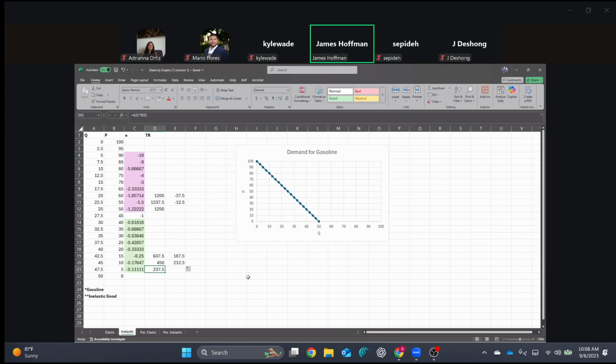But in theory, if the gas station could raise their price in small amounts, they wouldn't lose many customers because there's no substitutes, and they'd likely increase their revenue, not the profit. But this is the change in revenue.